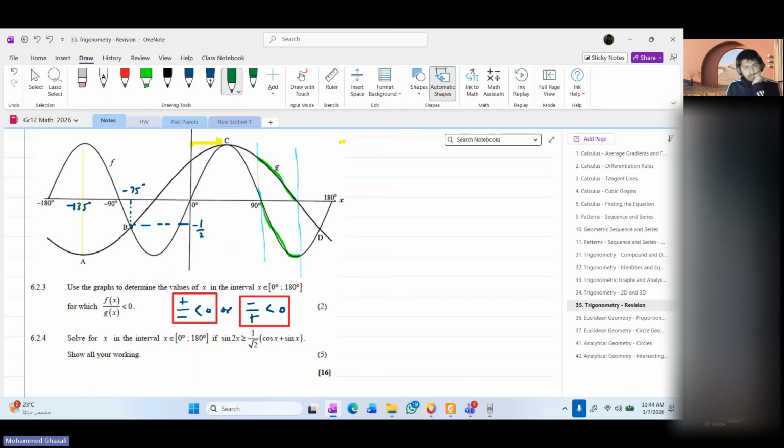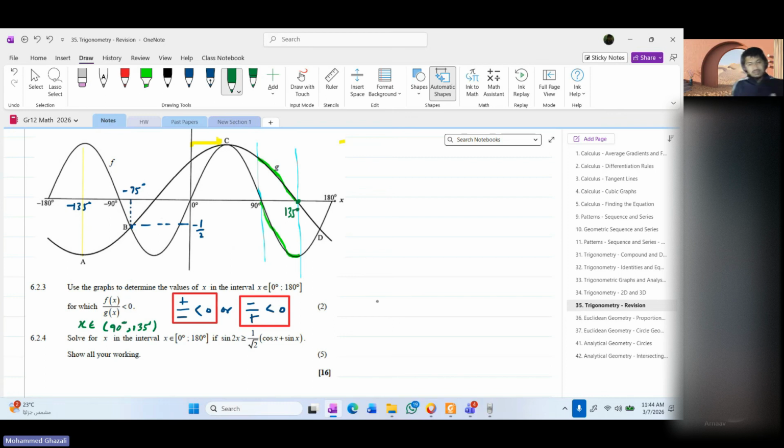So we want to know what this point of intersection is. I think this point should be 90 to 135. So between 90 and 135. You can say x is an element of 90 degrees to 135 degrees. Make sure you don't include 90 and 135.